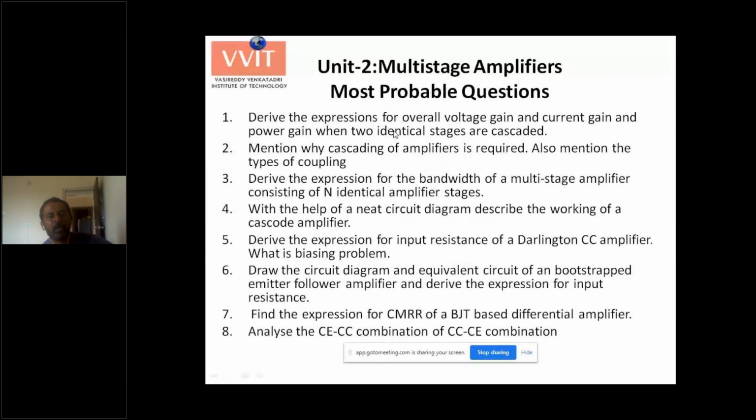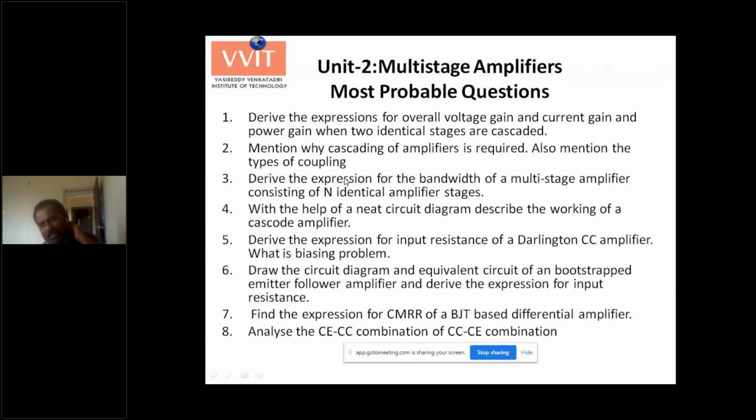Then what happens to the overall voltage gain, or overall current gain in general, when 2 or more identical stages are cascaded? Voltage gains and current gains get multiplied. Suppose you have 2 or 3 amplifiers cascaded; even if they are not identical, with gains A1, A2, A3, they will get multiplied. So this is the second important topic.